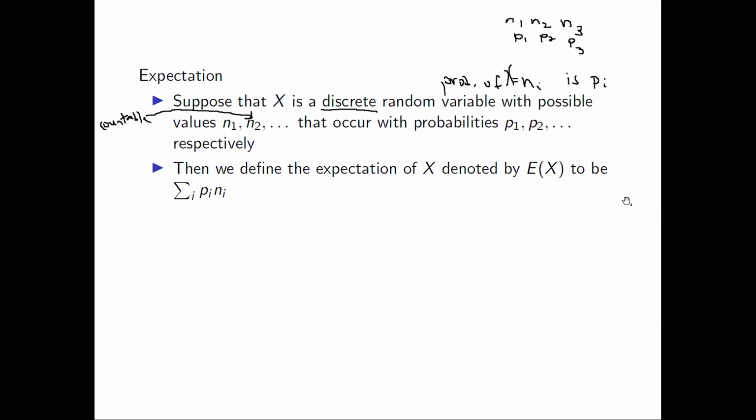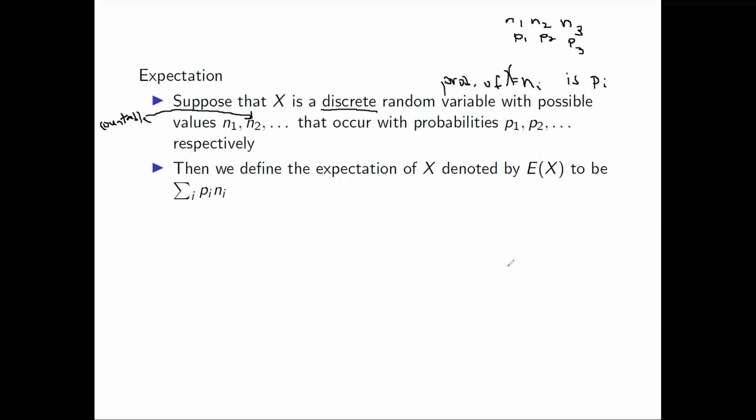So we can define the expectation of x. And the shorthand for expectation is E of x. And we define it to be the sum over i of pi times ni. And we're taking that sum over all possible i. So if our list of possible values is finite, then that will be a finite sum.